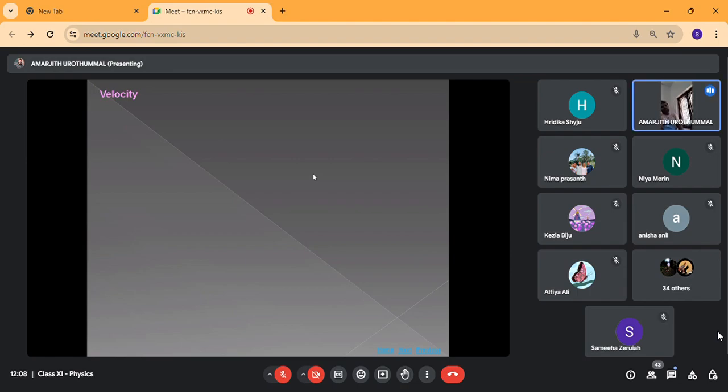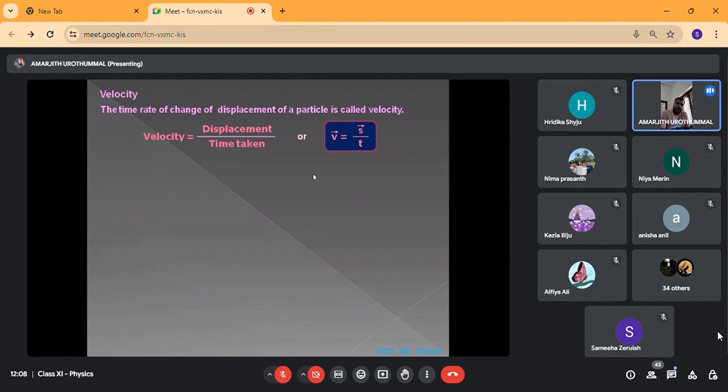Exactly. Displacement per unit time. The time rate of change of displacement of a particle is called velocity. Velocity is equal to displacement divided by time taken, or S by T.